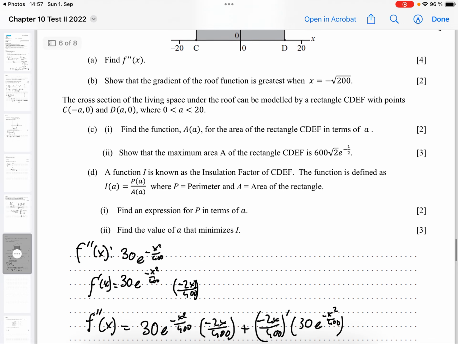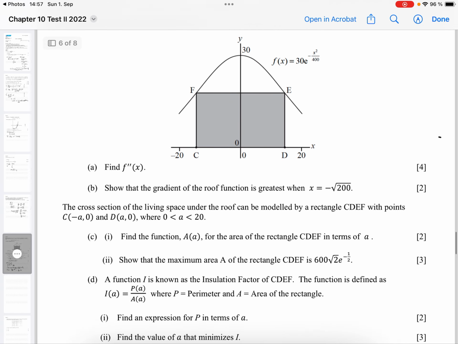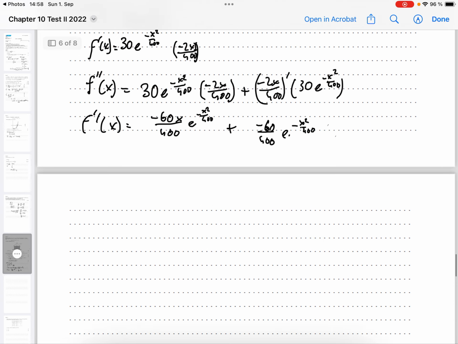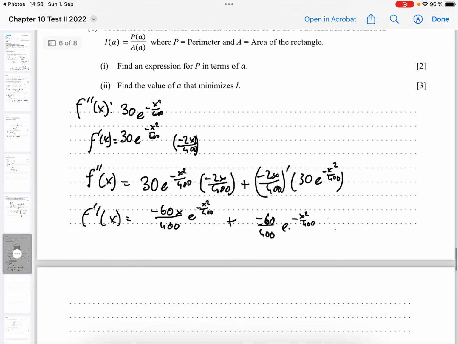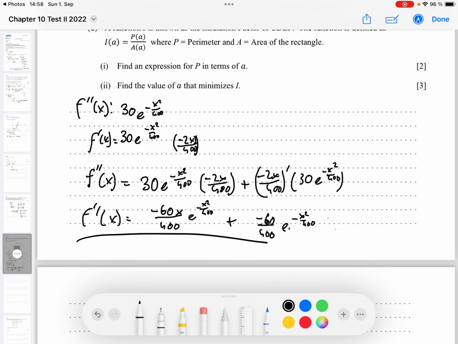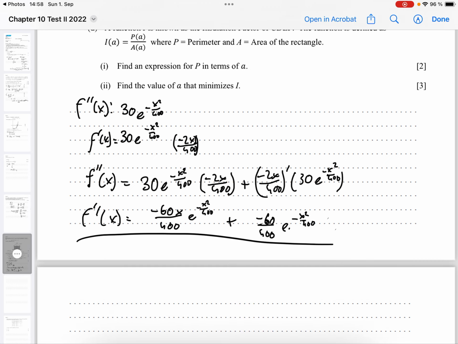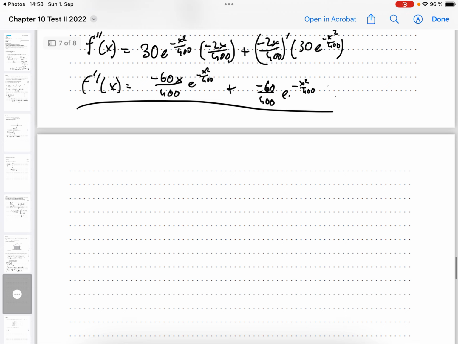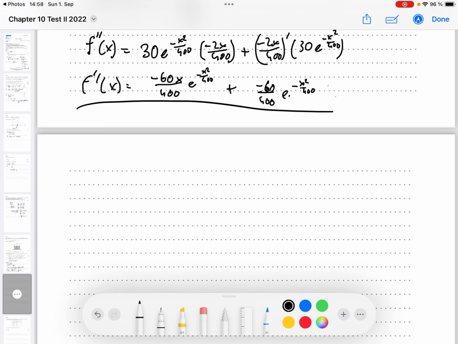So part B says show that the gradient of the roof function is greatest when x is equal to negative 200. So the gradient of the roof function is actually what we have just found right here. And so we need to find the rate of change of the gradient. So that basically means all we have to do is set this expression equal to 0.